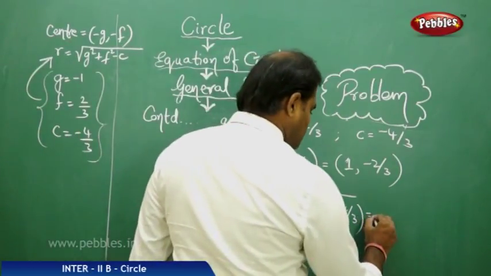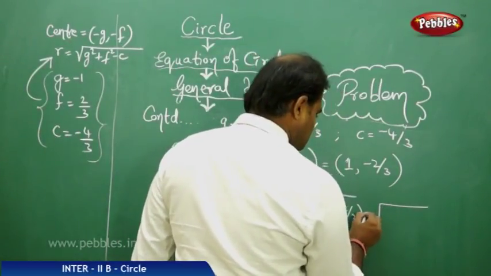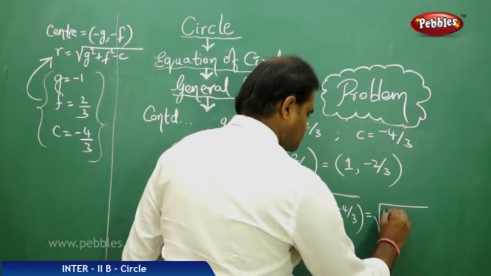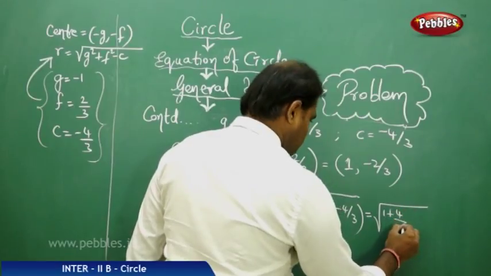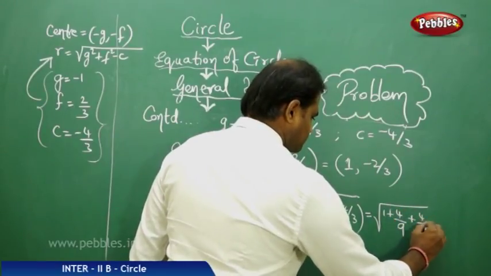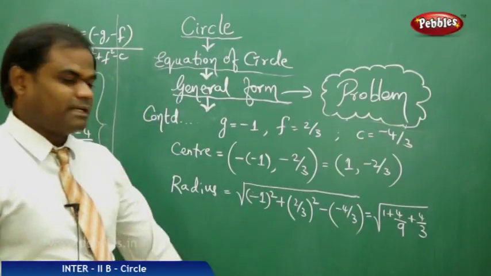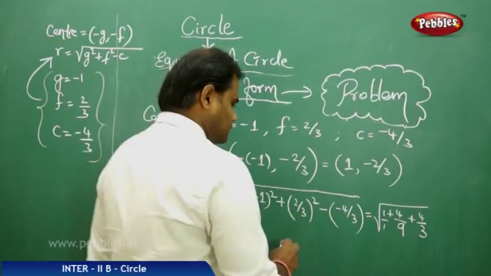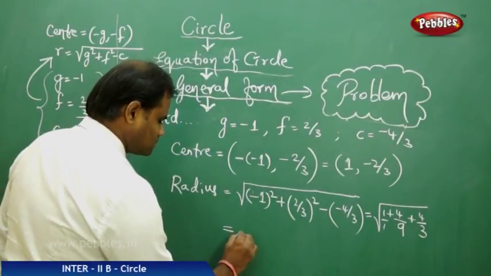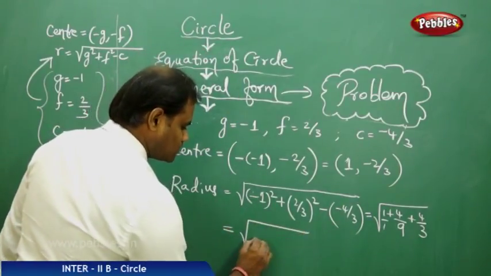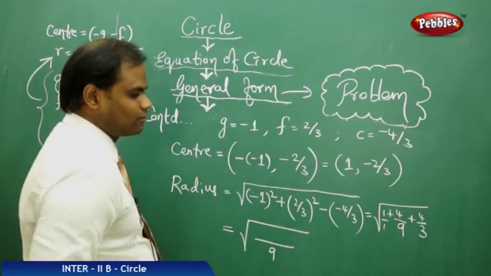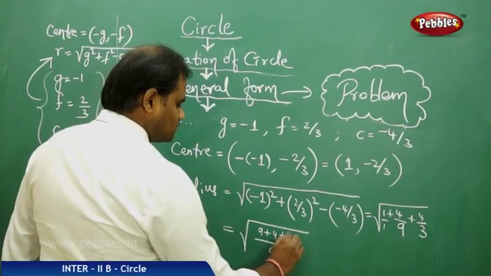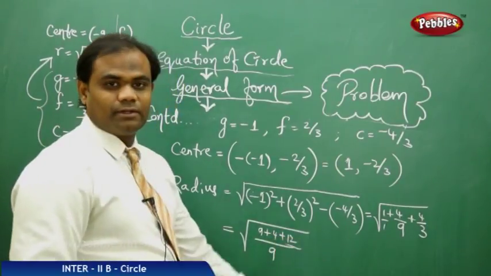On further simplification, this gives root of 1 plus 4/9 plus 4/3, which on LCM gives root of (9 plus 4 plus 12) over 9, that is, over 9, which is the LCM.